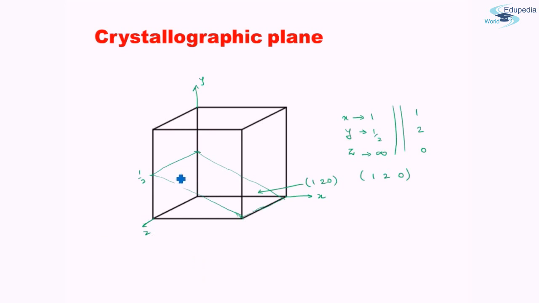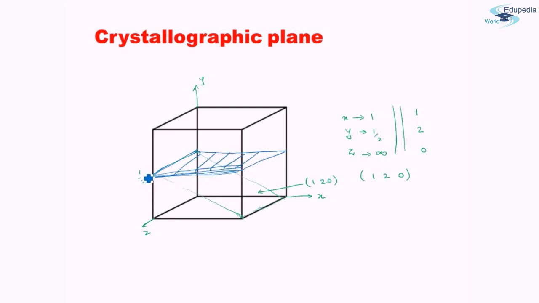Let's say we have a plane like this at half itself, and this is actually a straight line. So the plane which I am looking for is this plane.